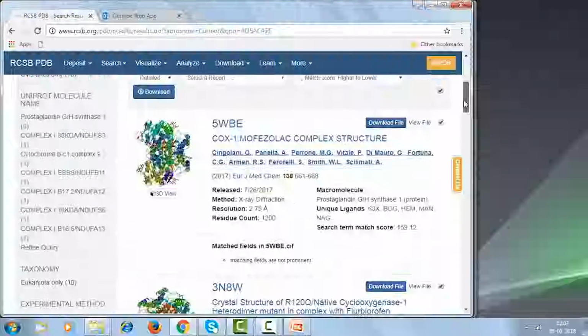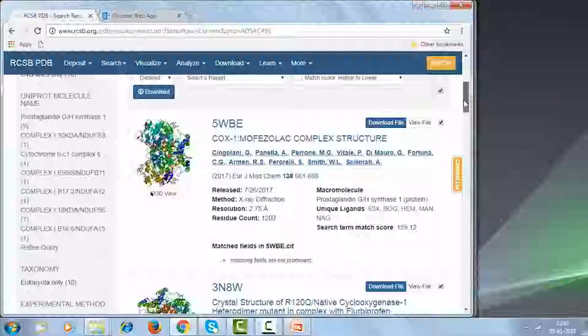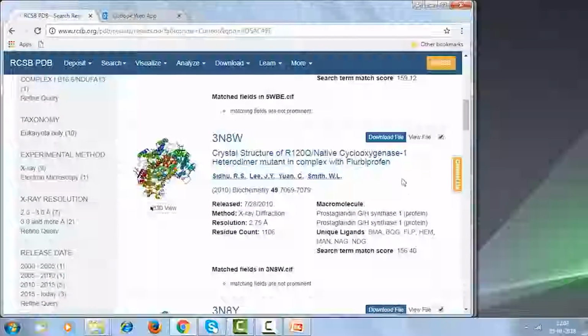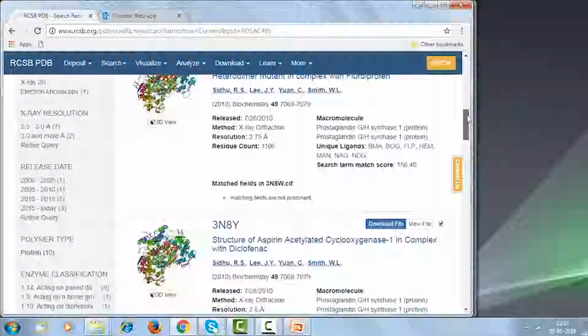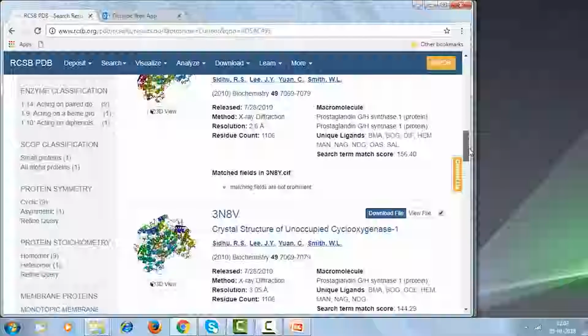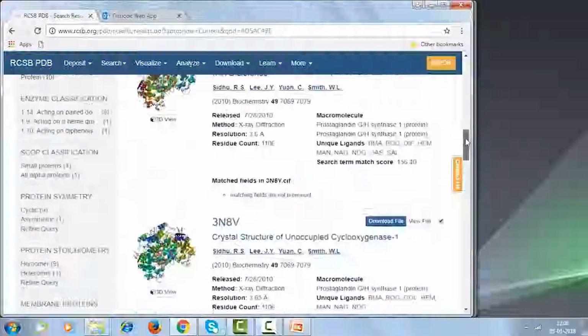This is COX-1 in complex with morpholinyl. This is another COX-1, a mutant COX-1 with flurbiprofen. There are many COX-1 structures in the literature. We can download one based on unoccupied sites, based on our requirement.